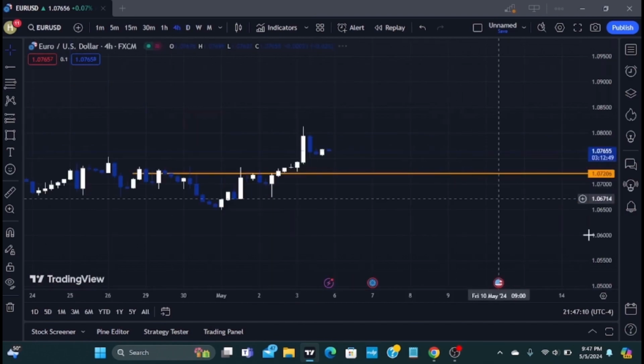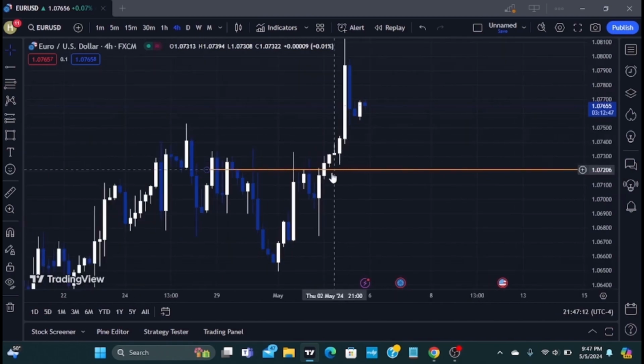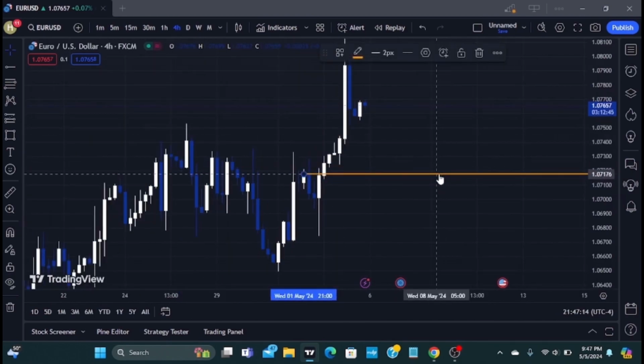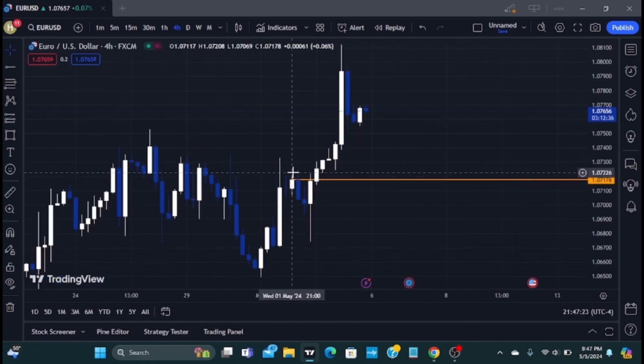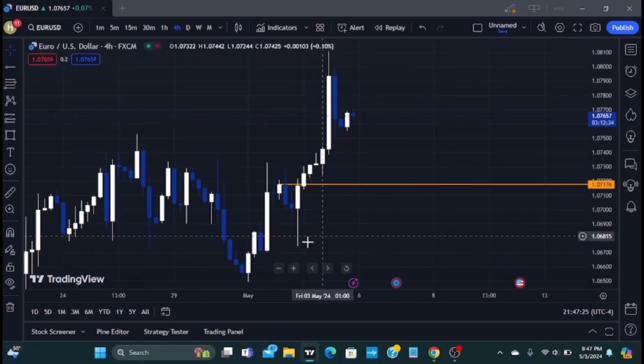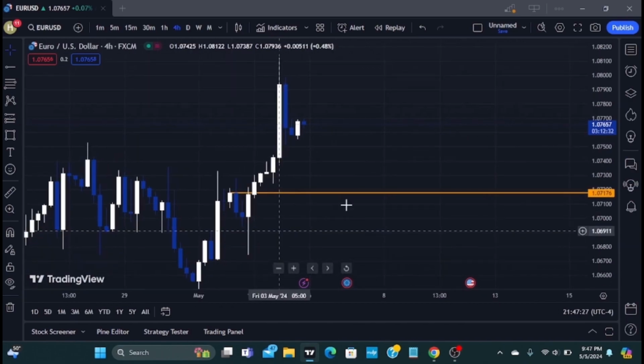If we drop down further to the 4-hour chart, we can see that there is this down candle created at 1 a.m. on May 2nd, and we can expect price to trade down into this area within the wicks as a bullish order block.